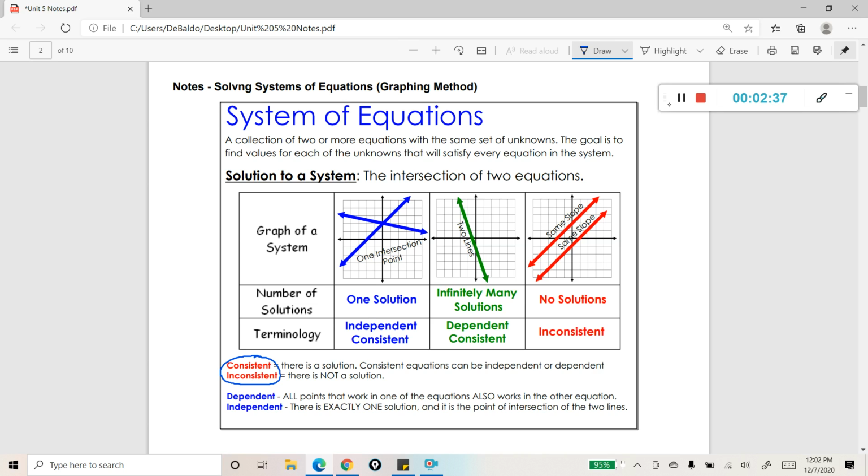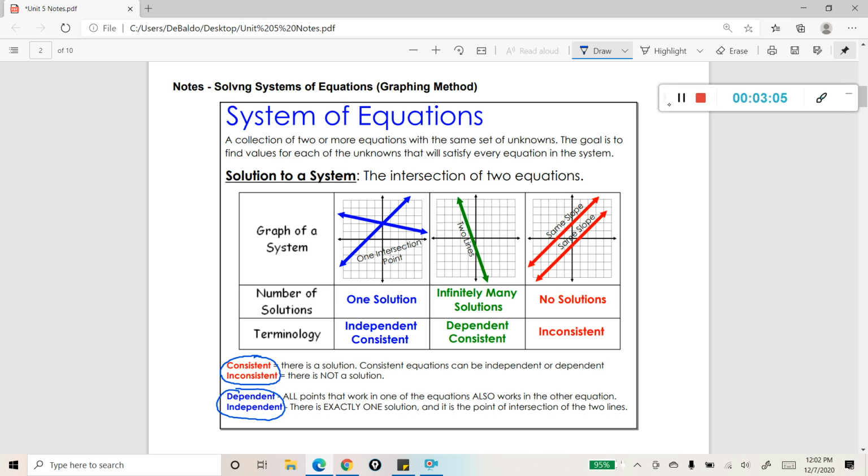The other set of vocabulary terms that I want to talk about is dependent and independent. And here's what this means. Let's start with dependent. Dependent means that all points that work in one of the equations also work in the other equation. So basically, we're saying that if the two equations are exactly the same, then this is a dependent system.